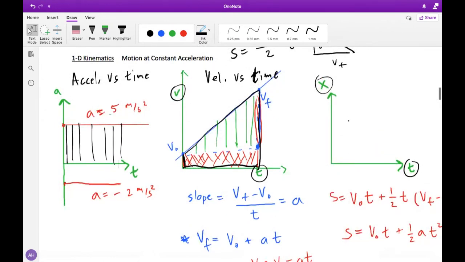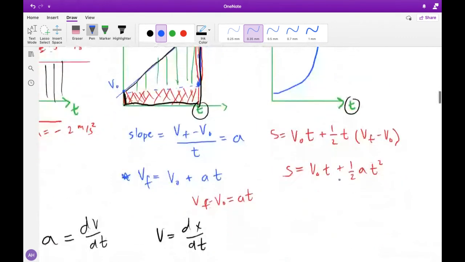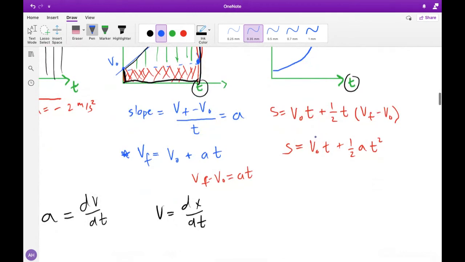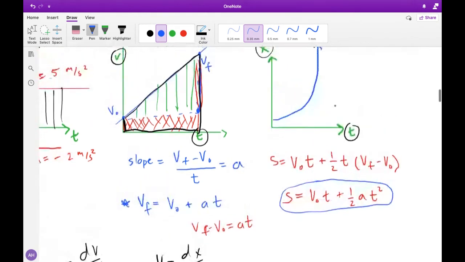Okay, and then lastly, I'll draw out how the graph looks for a position time graph. The position time graph actually looks like a parabola, like so, which makes sense because if you look at this equation here for displacement or position versus time, it has a time squared here, and so we know it's going to make some type of parabola shape.